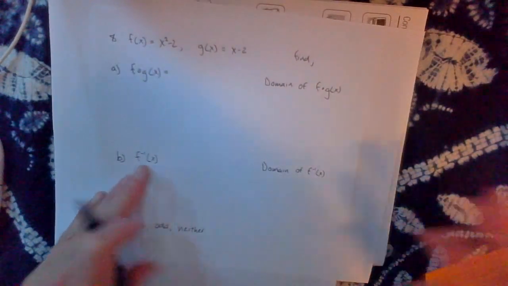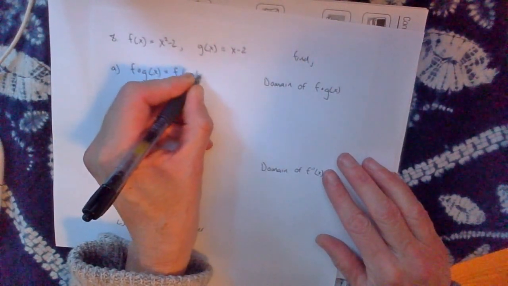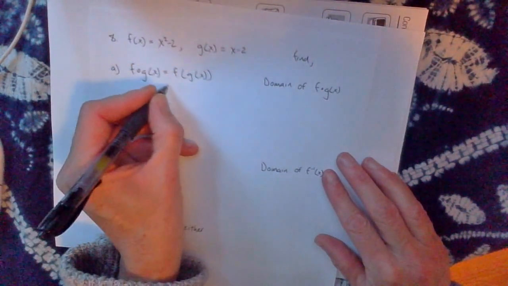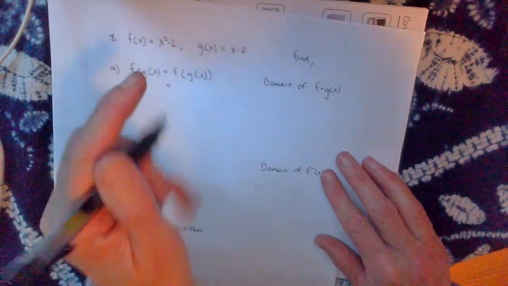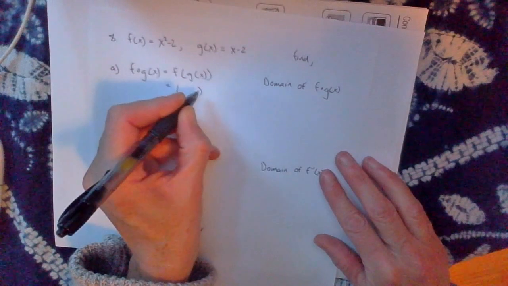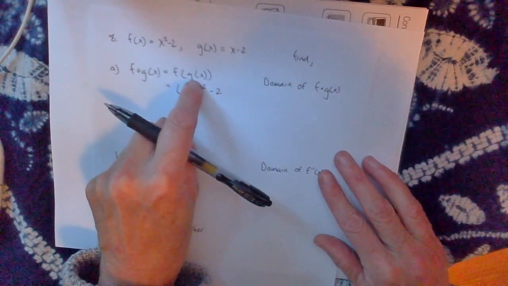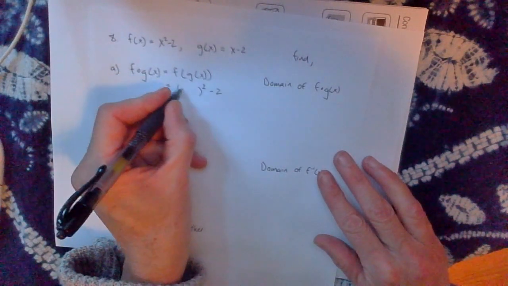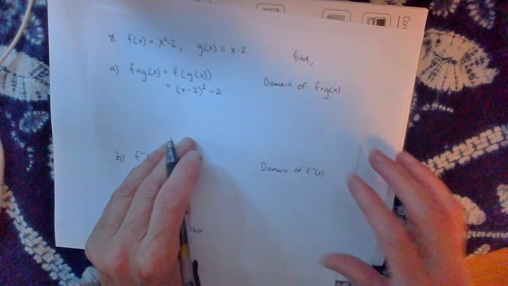Okay, f of g of x. That's f of g of x. So we take this rule that f of x gives. It says take what's in my parentheses, square it, and subtract 2. What's in my parentheses is g of x. So it's x minus 2 gets squared, and I subtract 2.